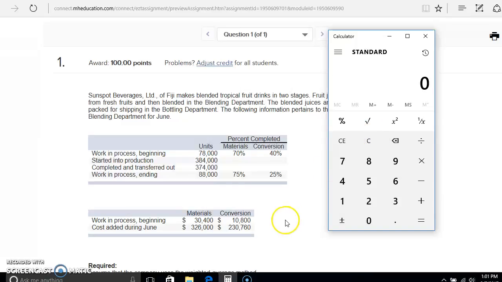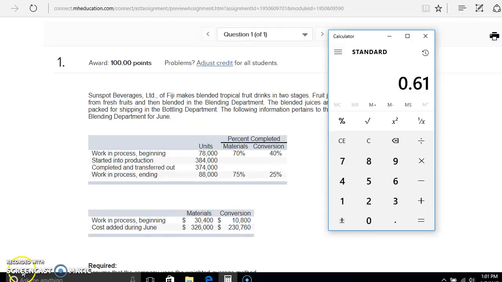So if we're looking at conversion, we have 10,800 that we started with at the beginning of June. Throughout the month, we incurred an additional 230,076. So we have 241.56. Now again, our equivalent units of production was 396 that we just calculated. So that leaves us with 61 cents per unit.